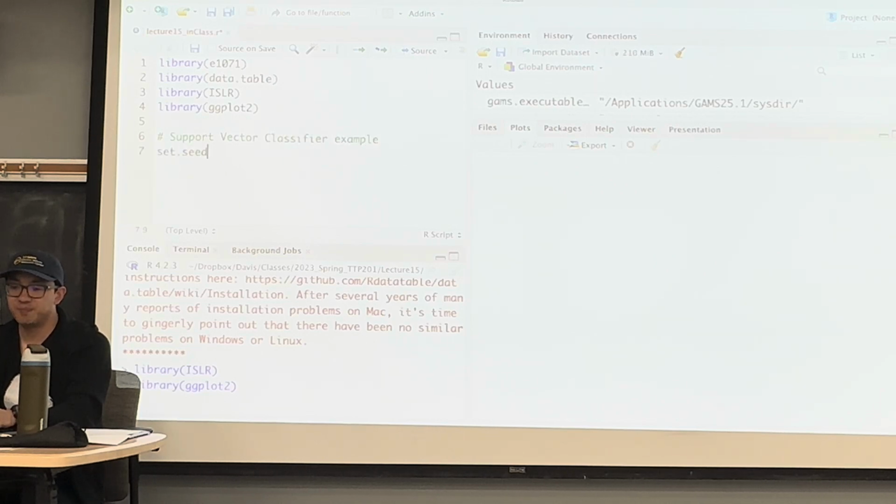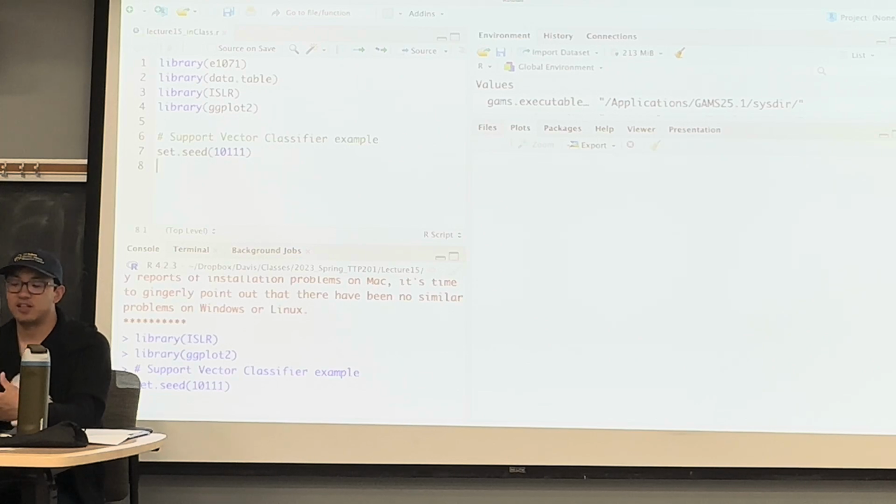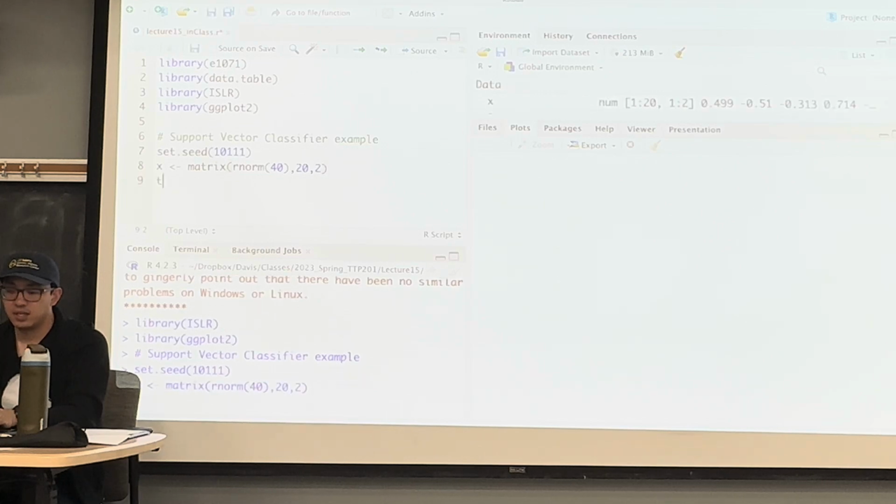This time, so that we can all see the same thing, I'm going to use set.seed, which is a way that allows everyone to do the same random draw when I do a random draw. So we're going to do 40 random draws into a 20 by 2 matrix. That's our x.